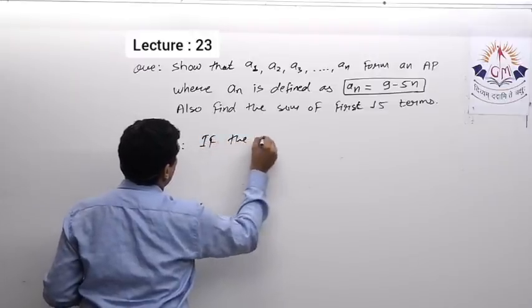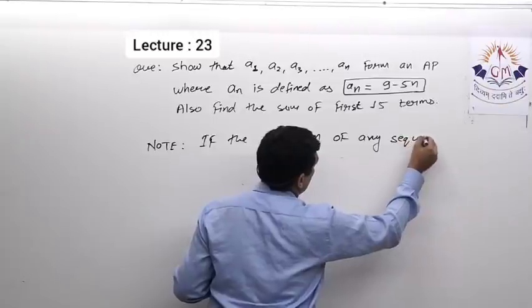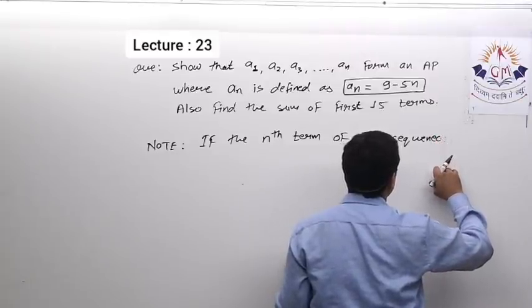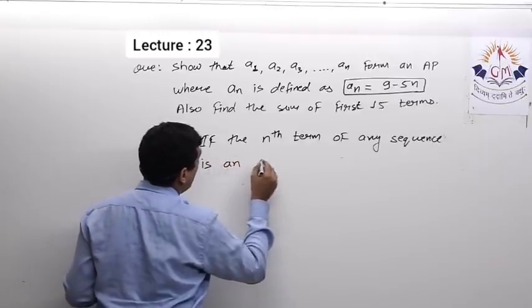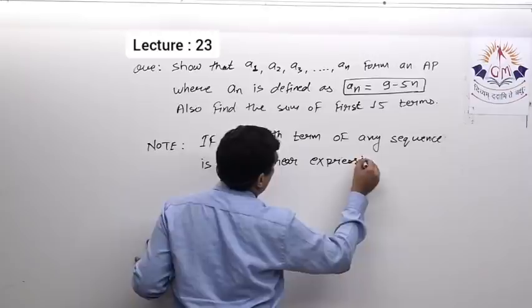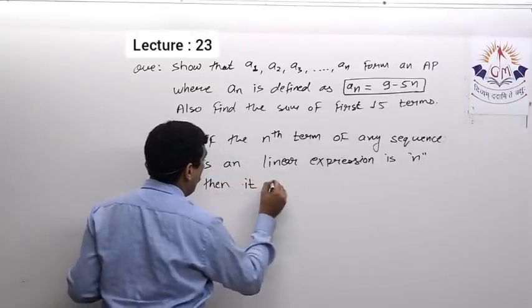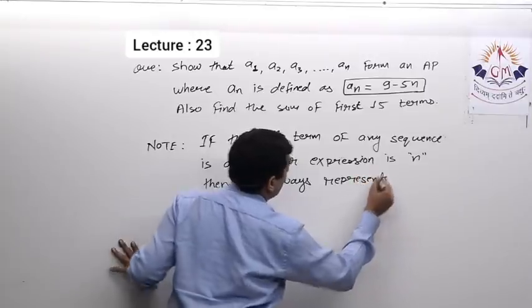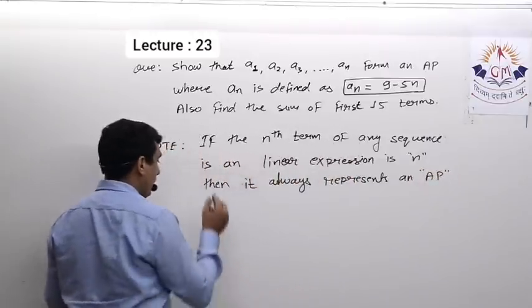If the nth term of any sequence is a linear expression in n, then it always represents an AP.